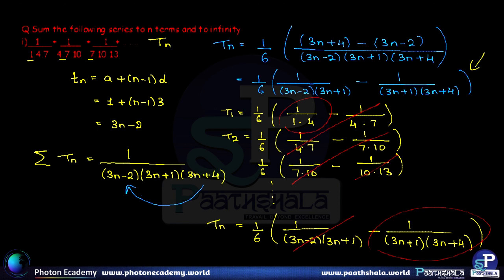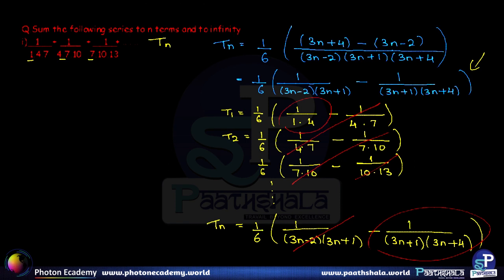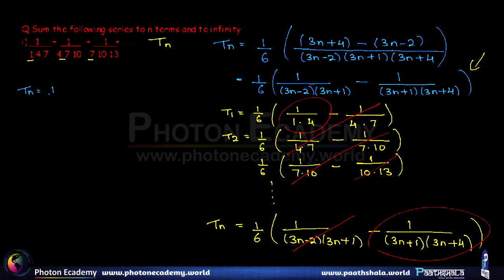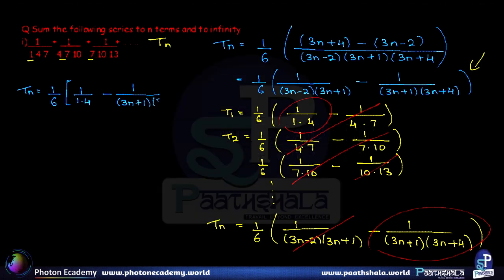So let's just write that. So we have Sn as 1 upon 6, and the first term is 1 upon 1 into 4, minus we have the last term as 1 upon 3n plus 1 into 3n plus 4.